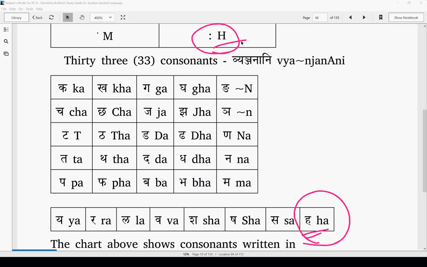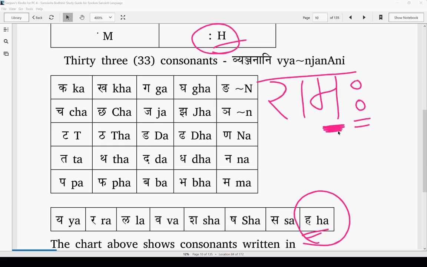Now examples: if you take Rama, and there is a visarga, it is represented with two dots or two small circles following a vowel, right? It has to follow a vowel. It cannot follow a pure consonant.